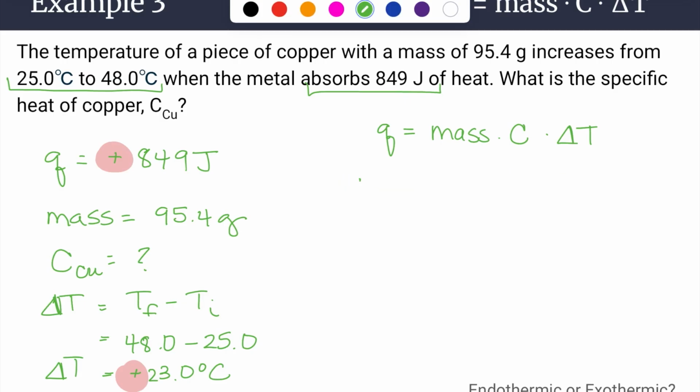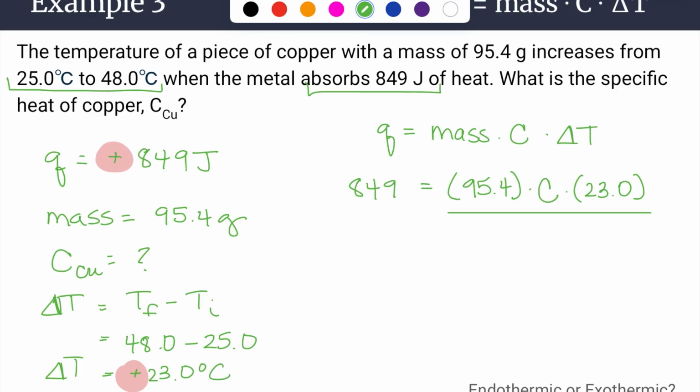So we've got that 849 equaling 95.4 times C times that positive 23. And so we can solve for that C value.